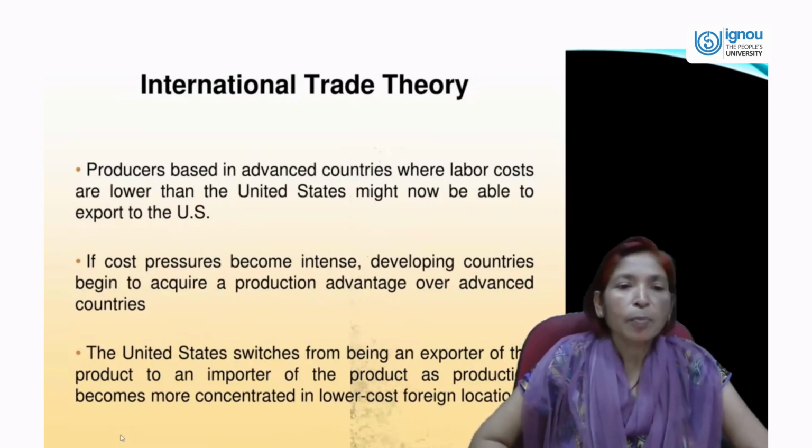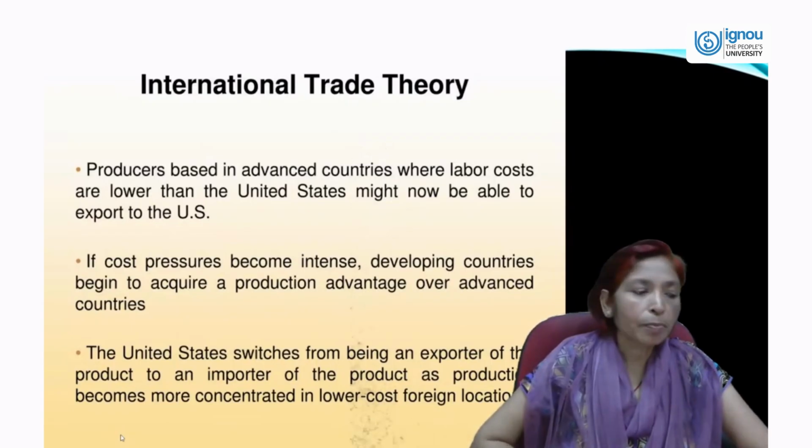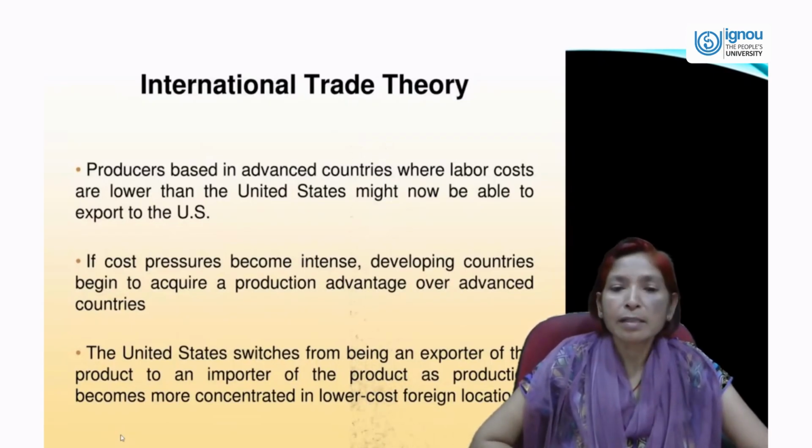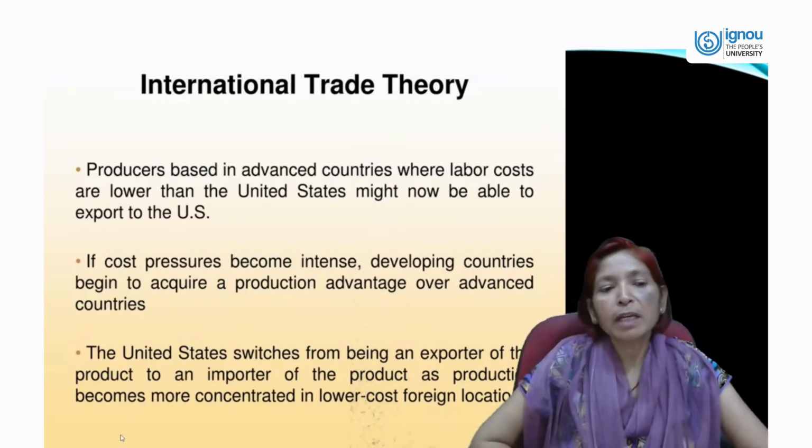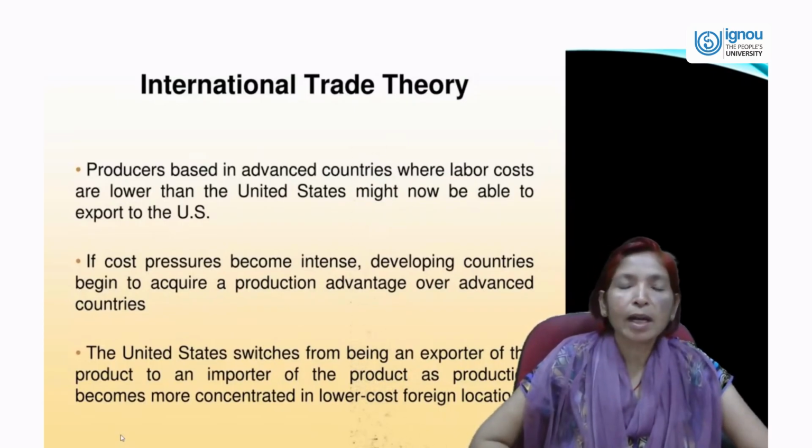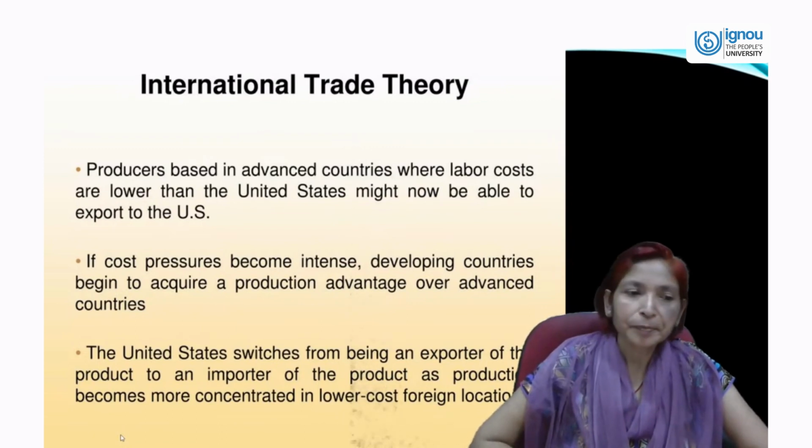So, producers based in advanced countries where labor costs are lower than in the United States might now be able to export to the US. If cost pressures become intense, developing countries begin to acquire a production advantage over advanced countries.